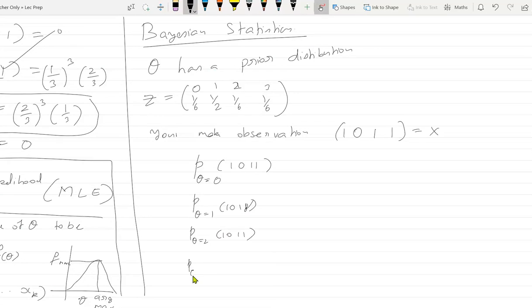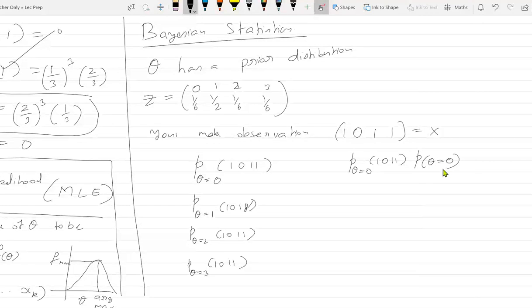But now what we are going to compute is P of 1011 given theta equal to 0 into the probability of theta equal to 0, because we are also told the probability of theta taking different values.